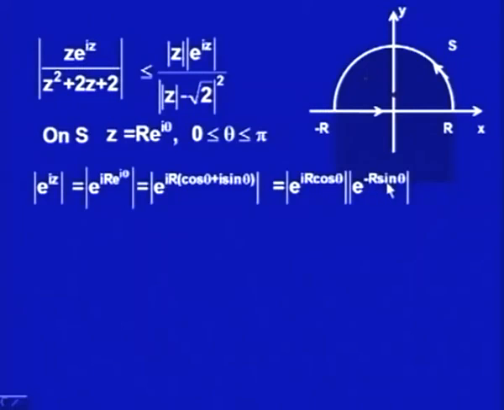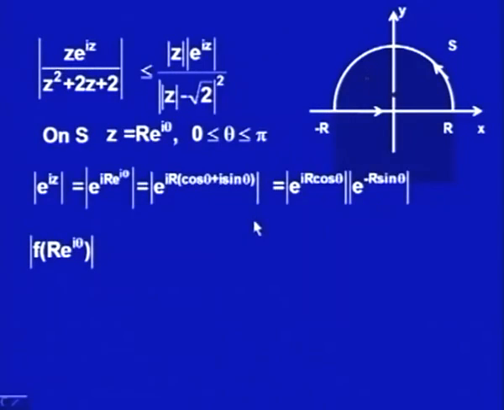Theta is lying between 0 and pi, and we know that in the upper half, from 0 to pi, sin theta is always positive. So this quantity is positive, and e to the power any quantity is always positive. So the absolute value would be e to the power minus r sin theta.